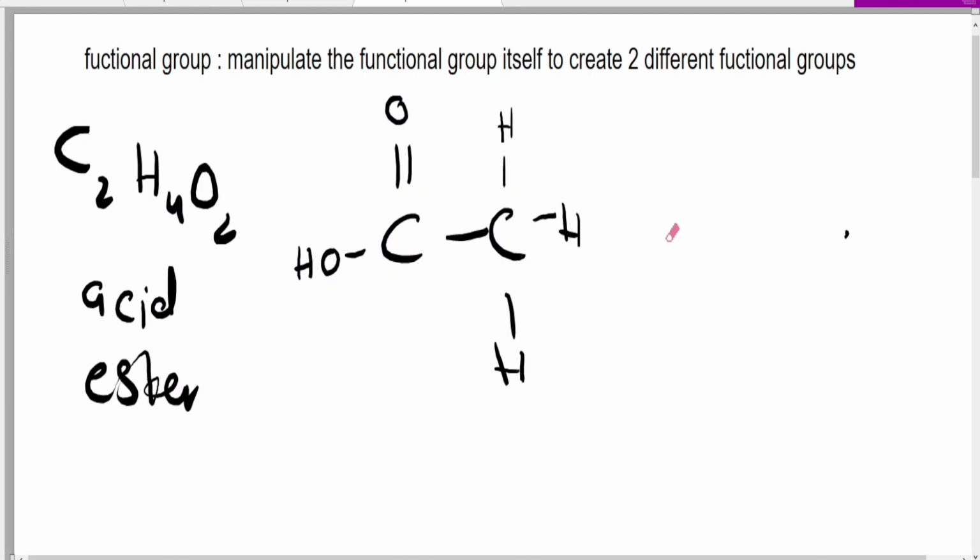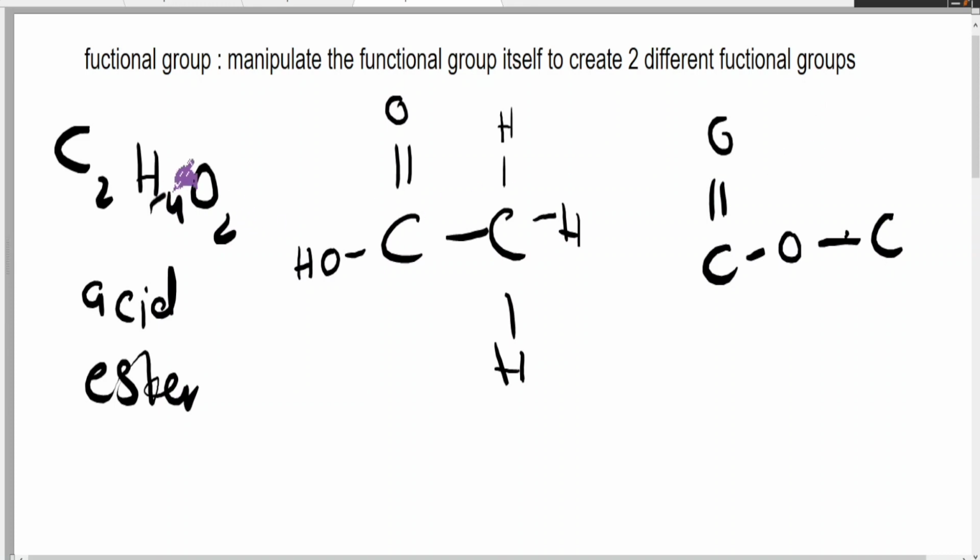For an ester, I would have C, right, which has a C double bond O and then an O. This is an ester group, right? And then let's say I place this carbon right here. So I have two carbons completed. Now the only thing left is to place the hydrogens.